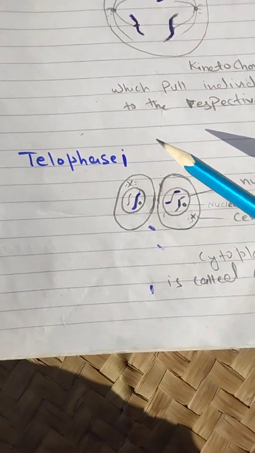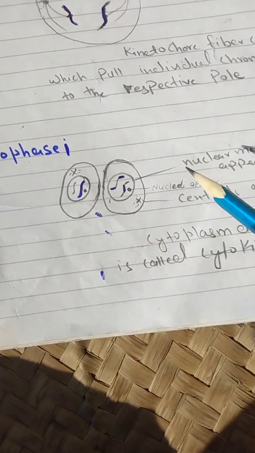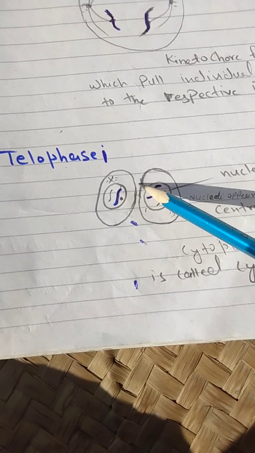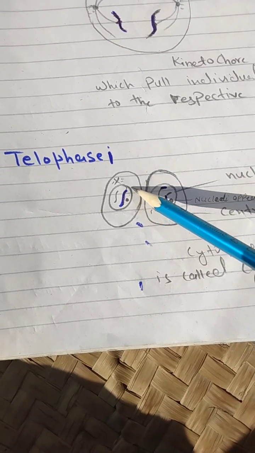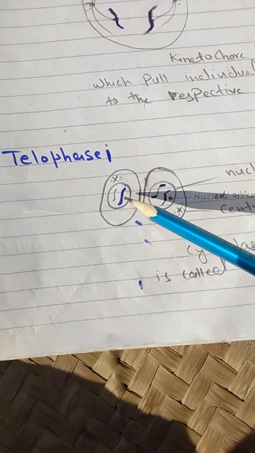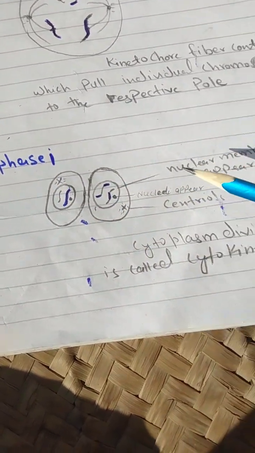In telophase, the cytoplasm divides. This process is called cytokinesis. The nuclear membrane reappears, centrioles reappear, and nuclei reappear in telophase.